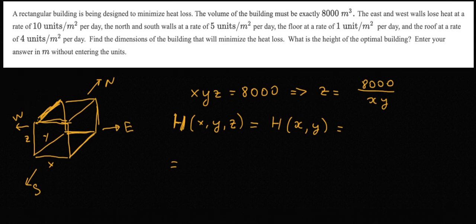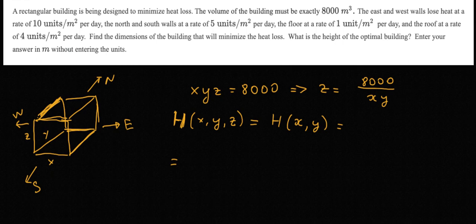And so if we want to calculate the amount of heat that exits the building through east and west walls, we need to calculate the area of those walls and then multiply that area by 10 units per square meter. Okay, so we'll have 10 times y times z.